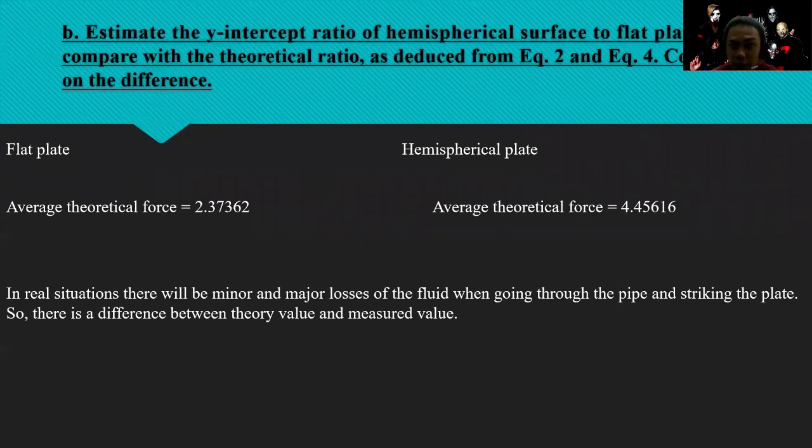Then we estimate the y-intercept ratio. The average theoretical force is 2.27362 for flat plate, and for hemispherical plate is 4.4516. In this situation, there will be minor and major losses of the fluid when going through the pipe and striking the plate, so there is a difference between theoretical value and measured value.